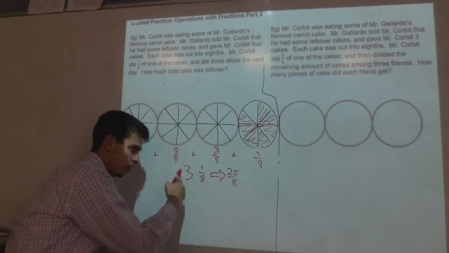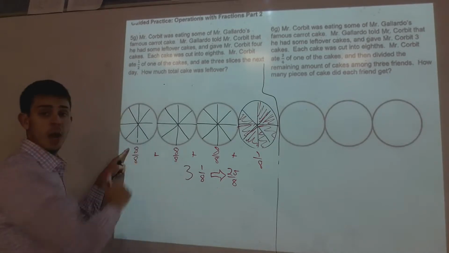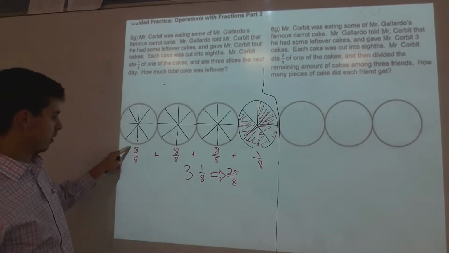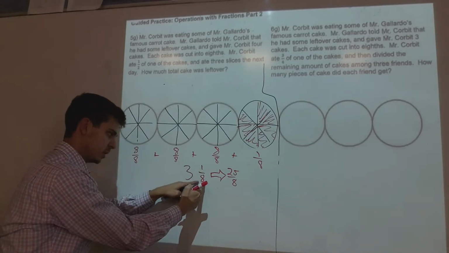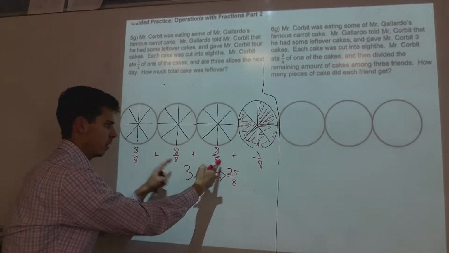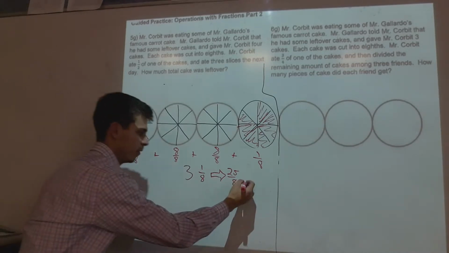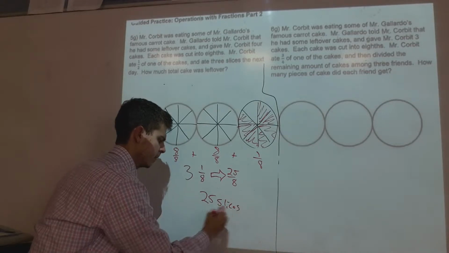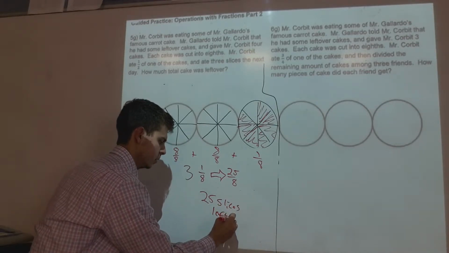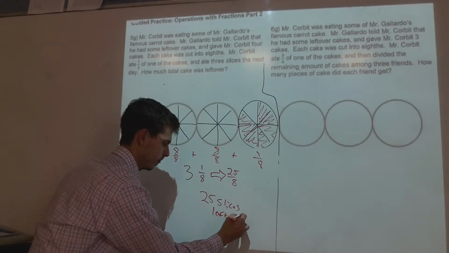That's why we multiply the 3 times the 8, because there's 3 wholes, and 1 whole is 8/8. So 3 wholes times the denominator 8 will give us 24, and add that to the 1 will be 25/8. So there are 25/8, 25 slices left over. Left over is not one word.